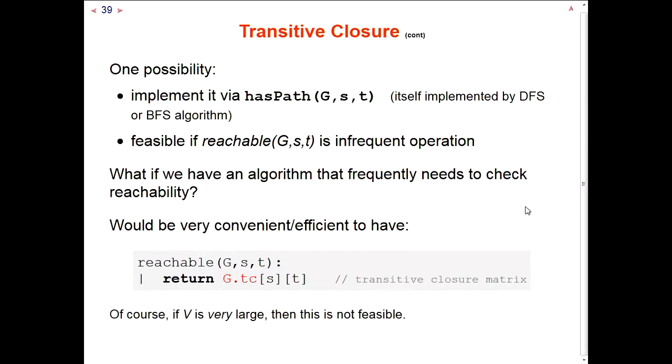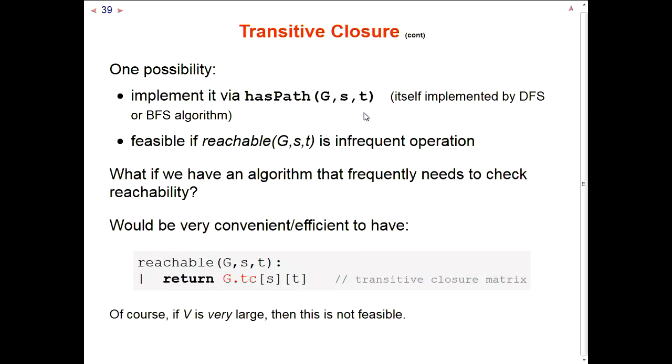The algorithm that you could use is a hasPath function that in itself is implemented by a depth first or a breadth first search algorithm. You can apply DFS and BFS in exactly the same way we have applied it for undirected graphs. The only difference is you would obviously only choose a neighbor W if it is reachable via a directed edge from V and not the other way around.